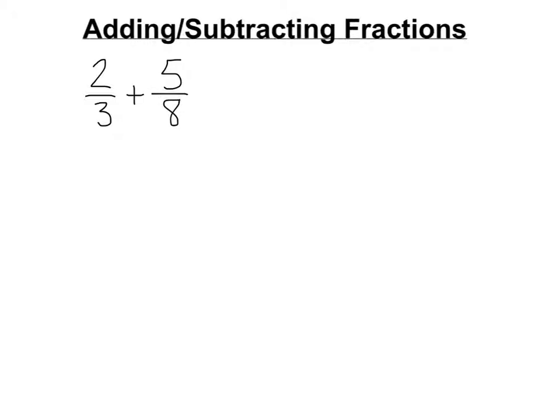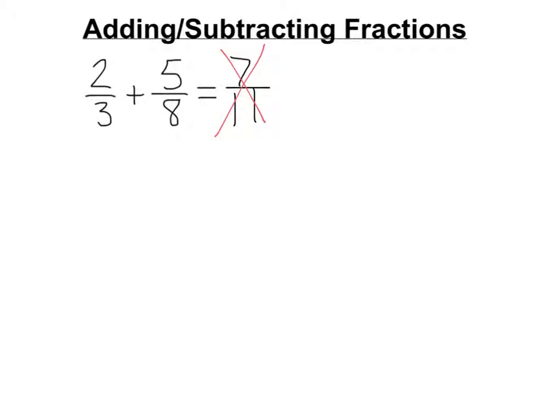First of all, 2 and 5 makes 7. 3 and 8 makes 11. Don't do that.